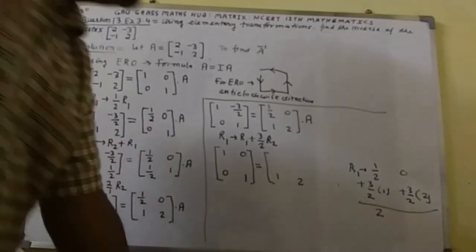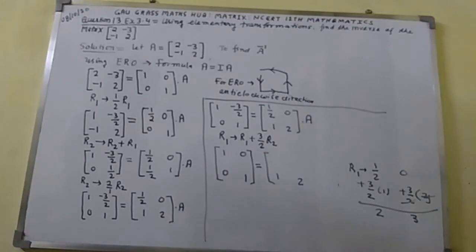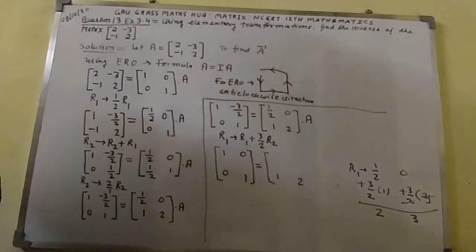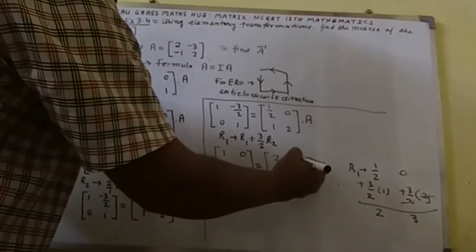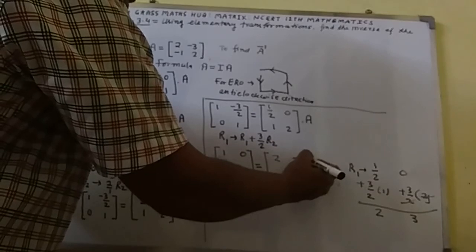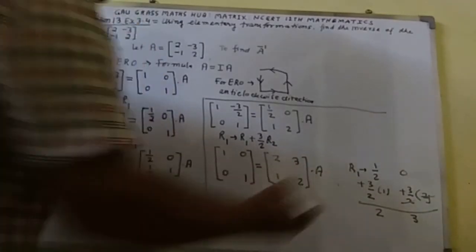And here, the 2s will cancel out, you will get easily 3. So the elements of the first row will become 2, 3. Closing of square bracket will be done.